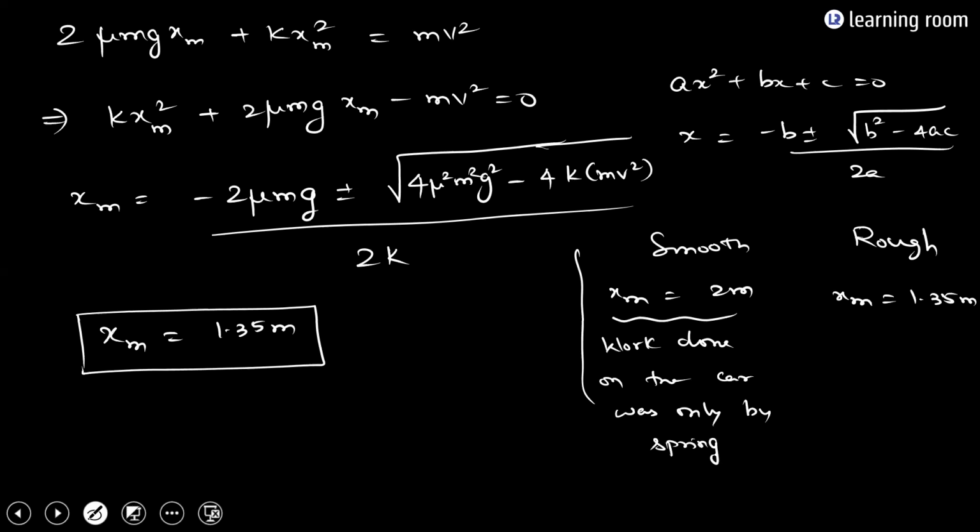Whereas when you talk about the rough surface, work done on the car is by spring and friction. So since two forces are doing work on the object, it could not travel to the desired distance. So that is why it could travel only to a lesser distance of 1.35 meter.